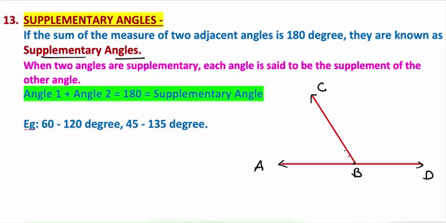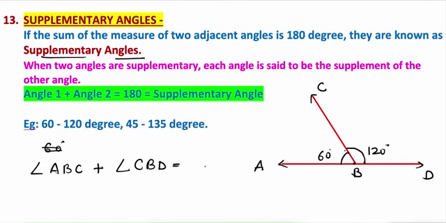If this angle is 60 degrees and this angle is 120 degrees, then for supplementary angles, angle ABC plus angle CBD should be equal to 180 degrees.